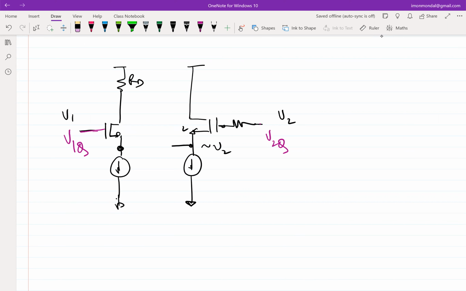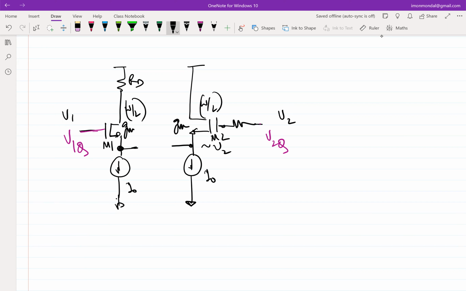Okay, let's do the easy one first. So let's say we bias it in such a way that both have the same GMs, same W by L, same I0. Okay, so quiescent-wise, can you comment on these two nodes, the sources of M1 and M2?